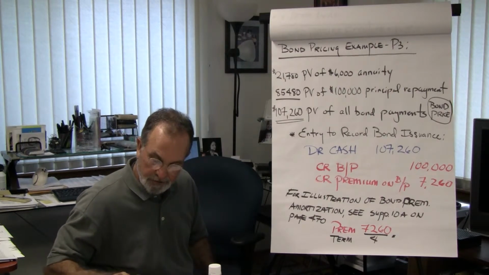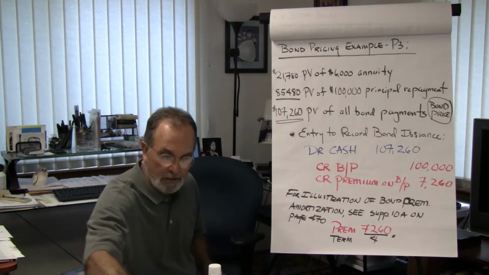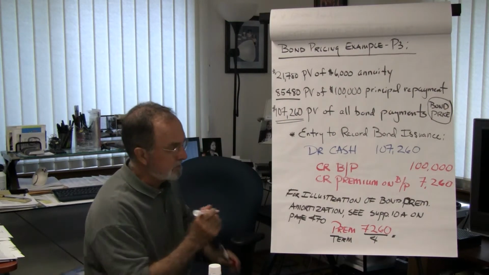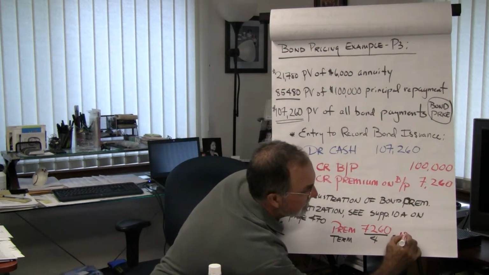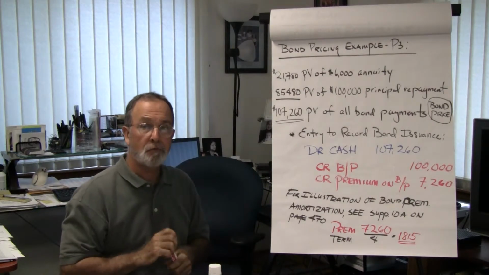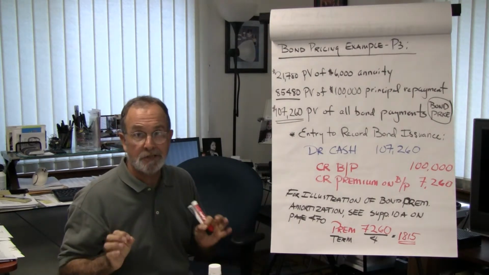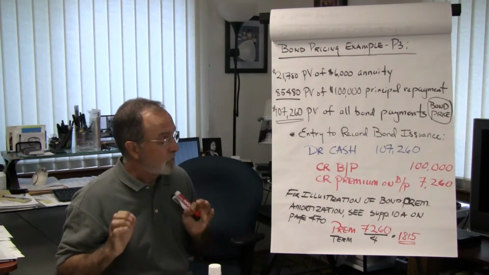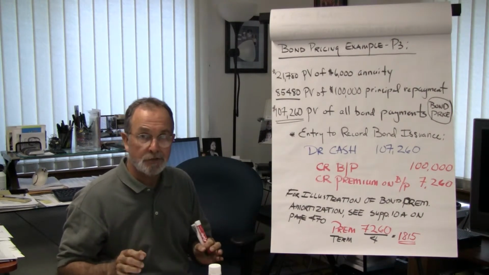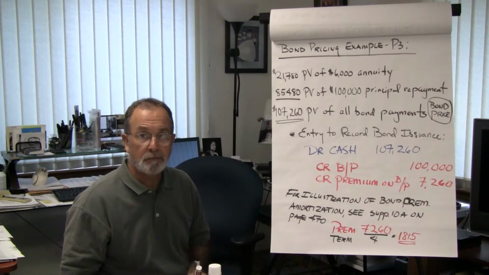So if we take $7,260 divided by 4, that amount is $1,815. And so every year, along with the entry to record the payment of the $6,000 of interest, we would make a second entry to record the amortization of the bond premium.